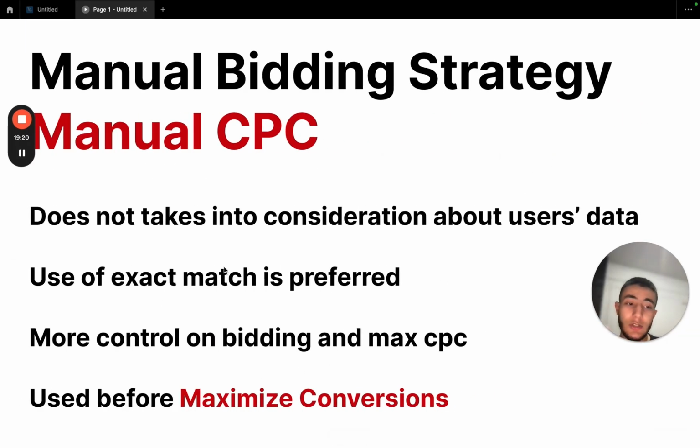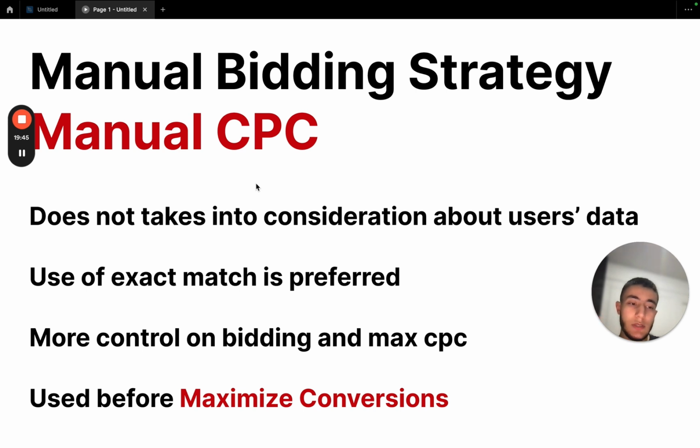Use exact match. Do not use broad match with manual CPC. You're going to have irrelevant traffic with broad match and manual CPC, because it doesn't take into consideration user data and what the user did before clicking on your ad.